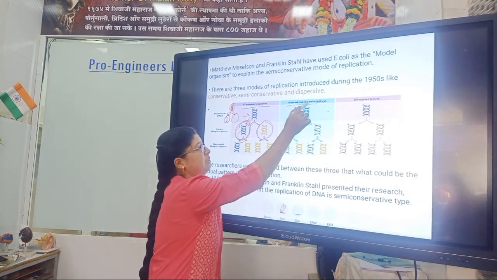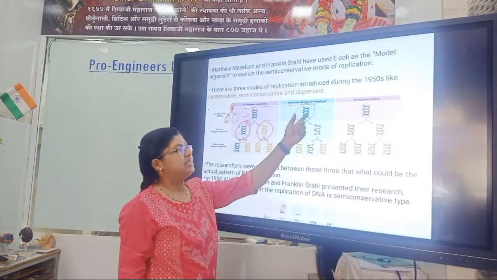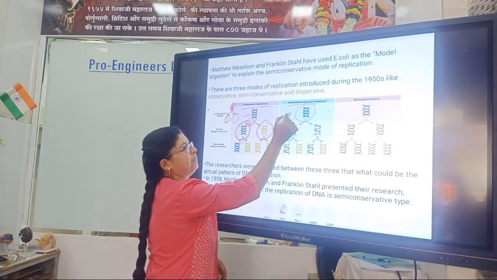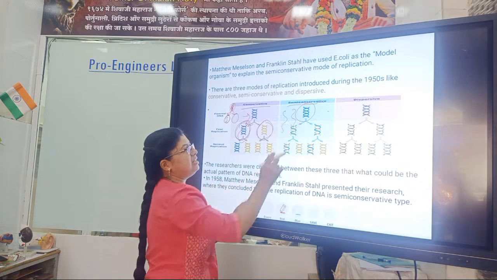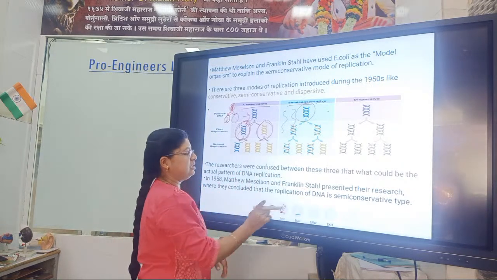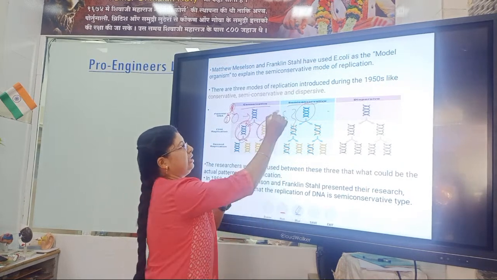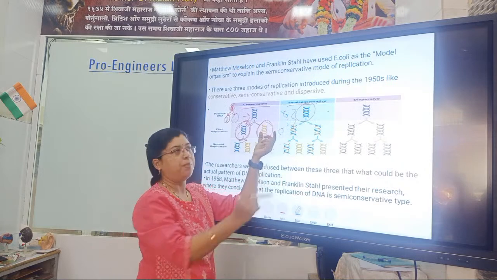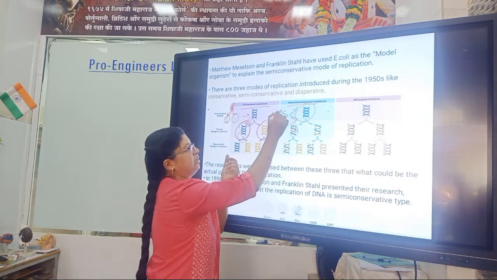What happens in the semi-conservative model? This is the parent DNA, right? After DNA replication, the strands are separated, and new complementary strands are formed on each strand.